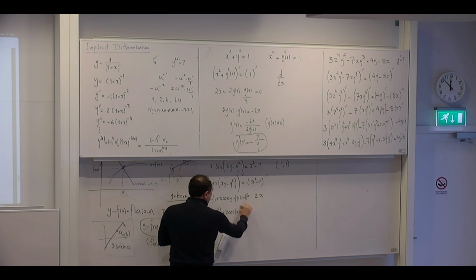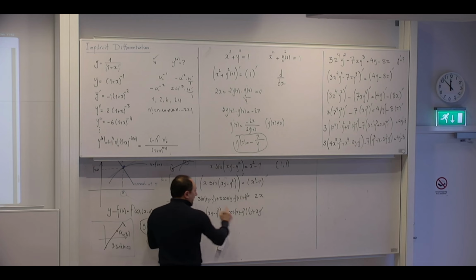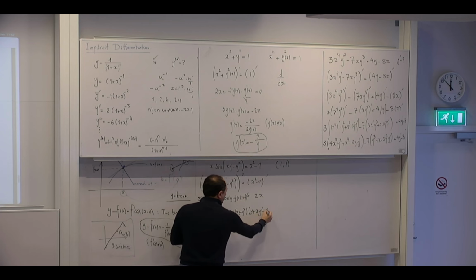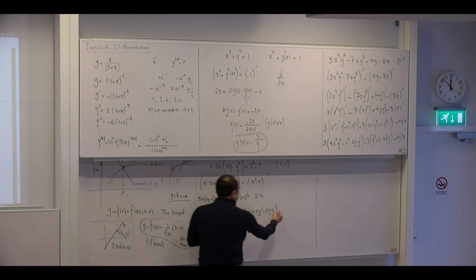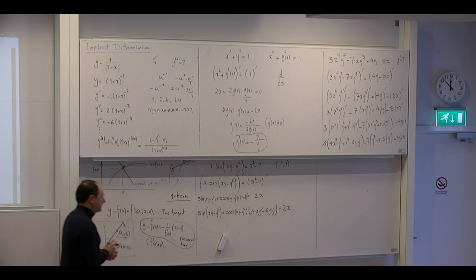But this is a product rule: the derivative of the first one times the second one, plus the first one times the derivative of the second one, minus the derivative of that one, which is the chain rule, so 2y, y prime. You see, implicit differentiation might be a little bit confusing if you don't practice good enough.